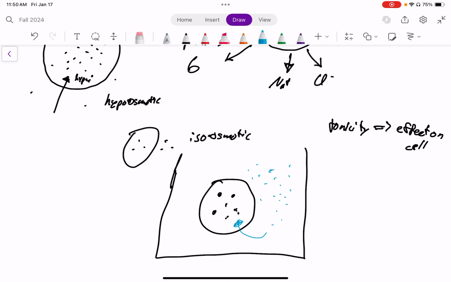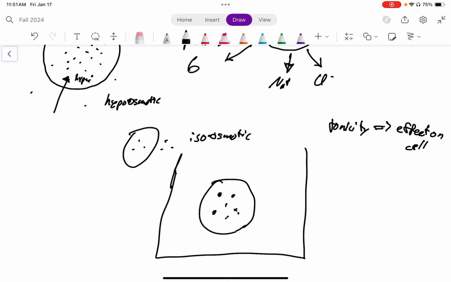And the problem is that the cell will actually metabolize the glucose. And so when it comes in, it gets deleted or it gets rid of it almost immediately. And so what happens is this glucose disappears from the outside solution and it doesn't appear inside the cell effectively. And that ends up causing the cell to actually be in a hypotonic solution because the glucose is gone and there's more particles inside the cell than outside the cell.